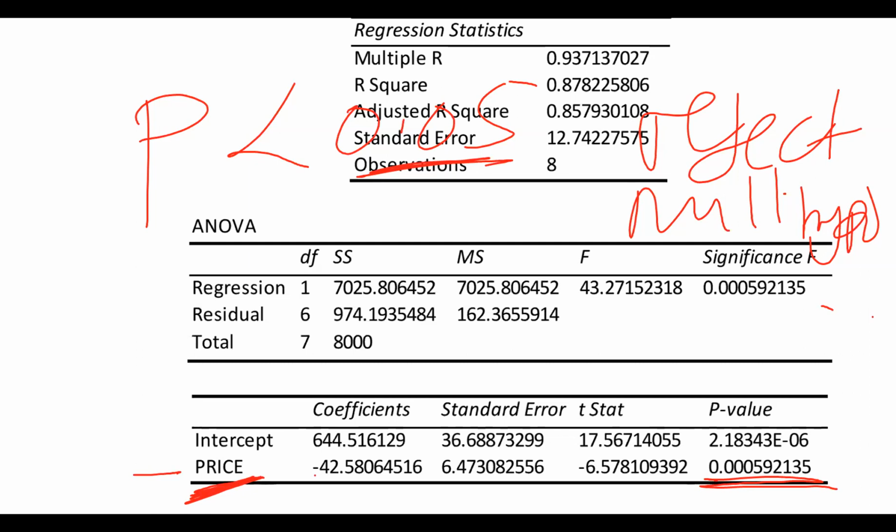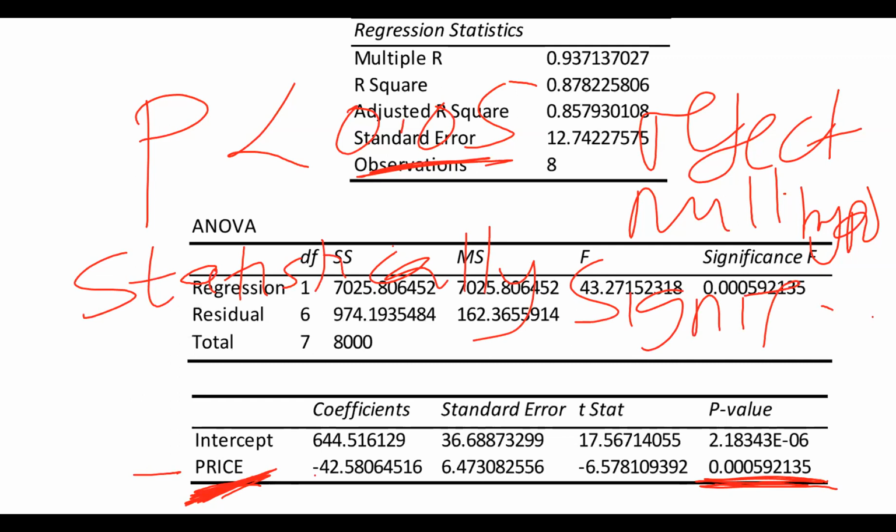So when you look at price, since we reject the null hypothesis, it now has what? It has got significance. It is statistically significant. Did you get that? So which means the price has influence on what? On the variable that you are looking at.